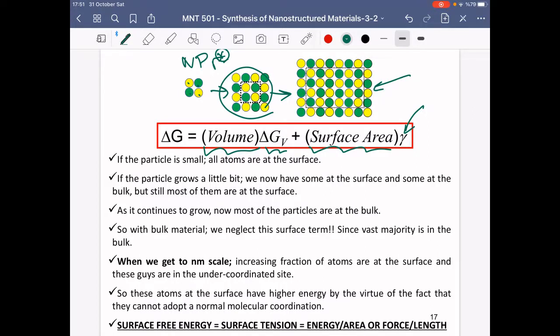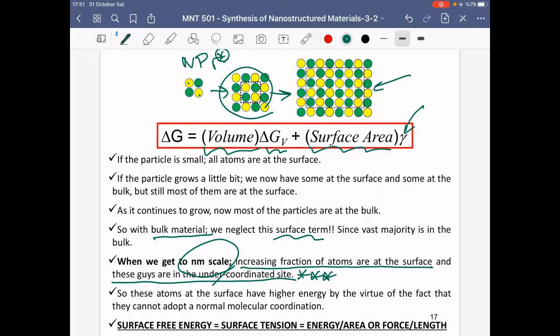So with bulk material, we neglect this surface term since the vast majority is in the bulk, but when we get to nanometer scale, an increasing fraction of atoms are at the surface and these are uncoordinated, okay? This is very important. This is what is making a huge difference as a factor of going to nanometer scale.